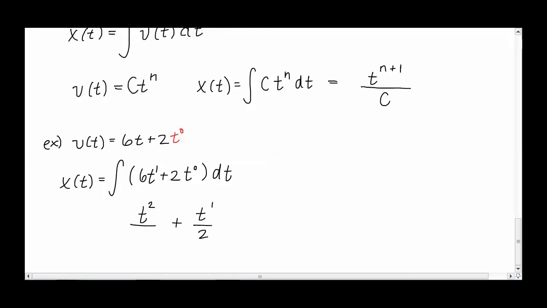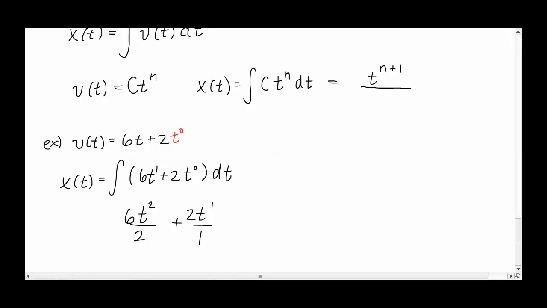That's not right. I've made a mistake. Let me fix this. Up here, my definition, I made a boo-boo. I should have n plus 1 in the denominator. Okay, sorry. Let me go back up here and fix this before we go on.